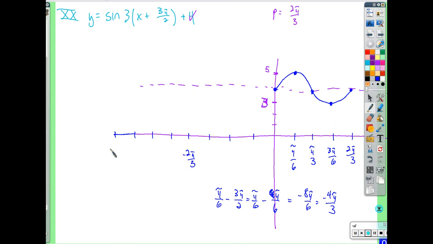So negative 4 pi over 3 is where we are, right there. That's where this point shifts to. That's like the right side of this period.